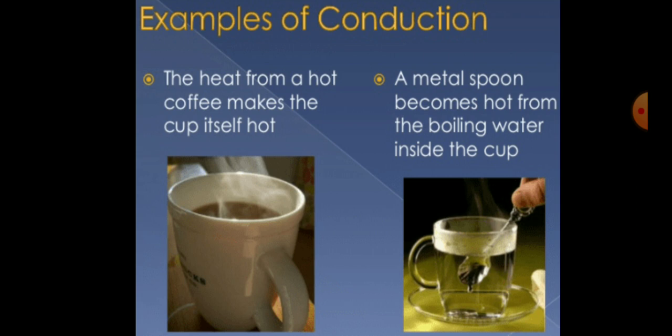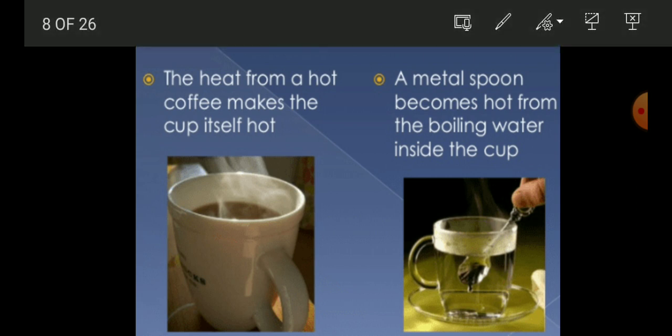In the first case, students, you can see that there is hot coffee inside this cup. When you pour hot coffee or anything into the cup, the substance like the coffee, milk or tea is hot, not the cup at first.